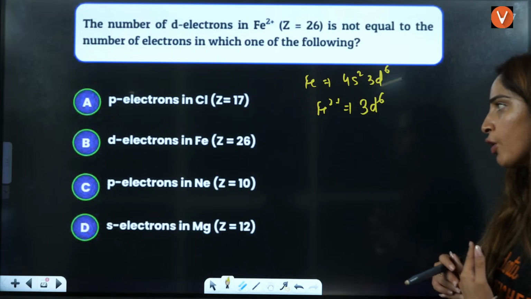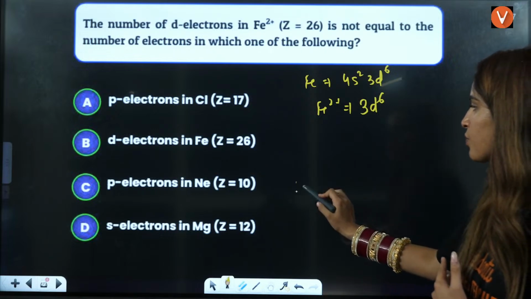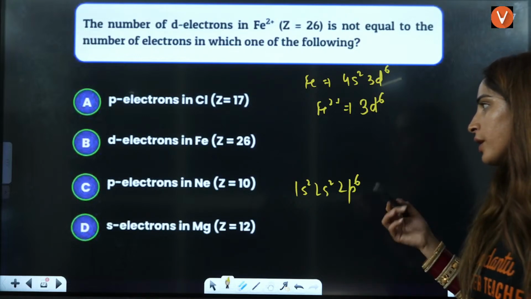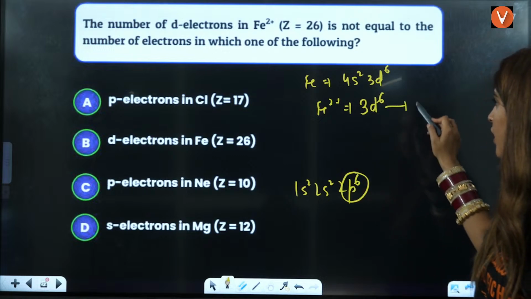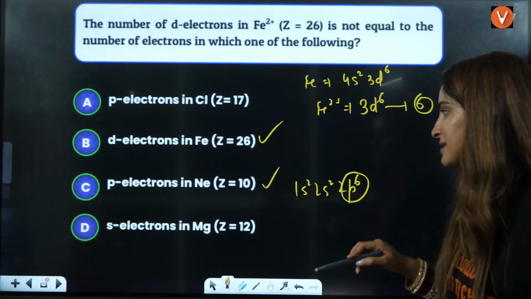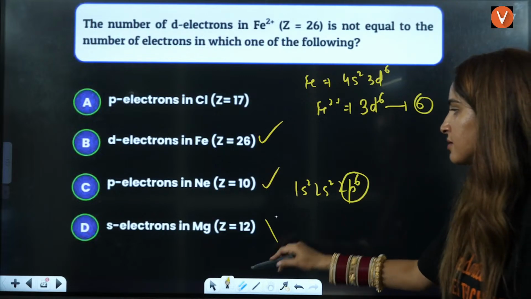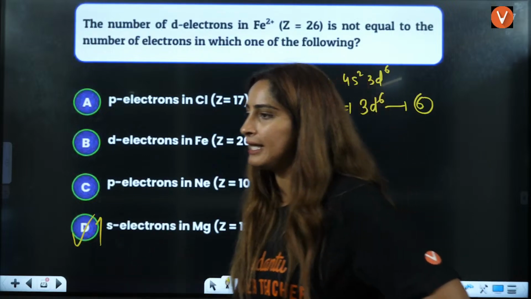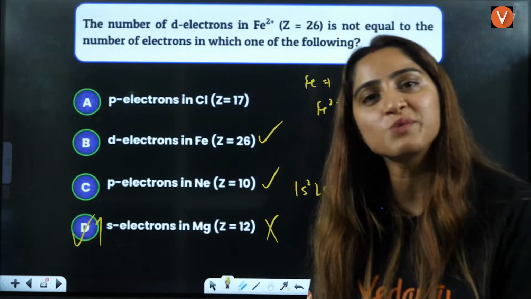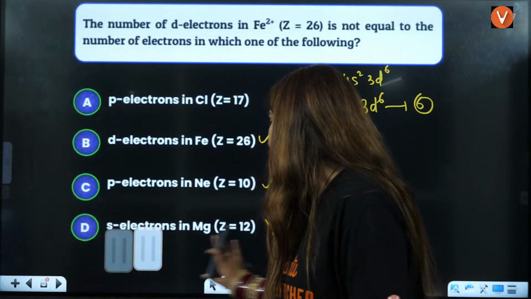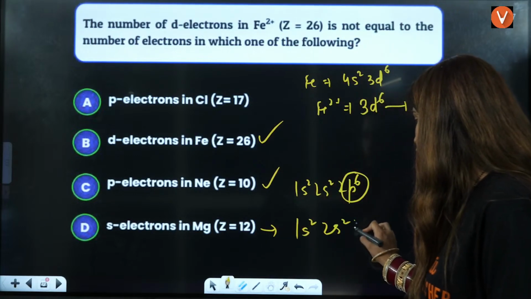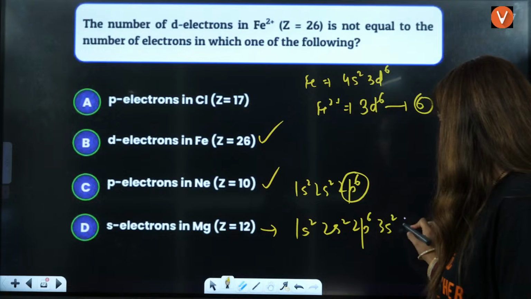Neon is 1s2, 2s2, 2p6. So in p you have 6 electrons, here also you have 6 electrons, and here also you have 6 d electrons. S electrons in Mg can never be 6. So here the answer will be D, because s electrons will always be 2, right? Wait a minute, s electrons in Mg: 1s2, 2s2, 2p6, 3s2.